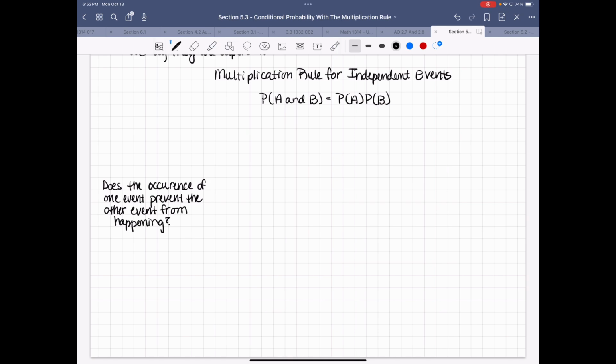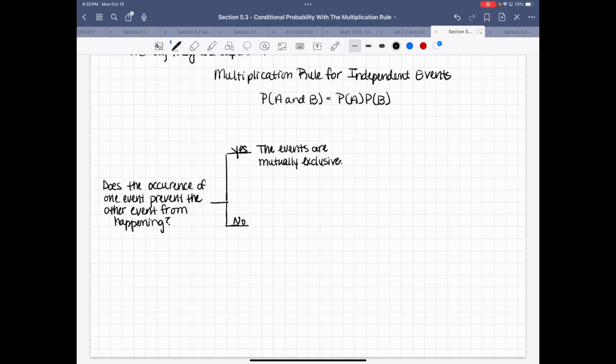They're trying to teach you the difference between independent and mutually exclusive. So, does the occurrence of one event prevent the other event from happening? If you answer yes, these are known as mutually exclusive. The events are mutually exclusive.